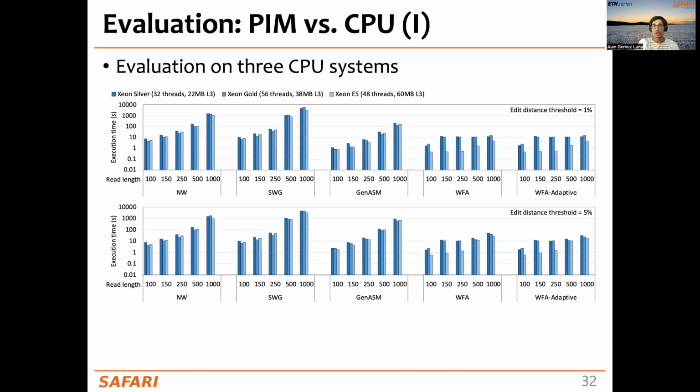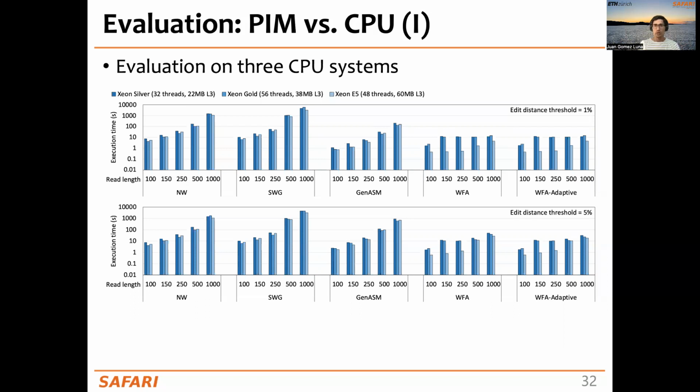And we are also using different edit distance thresholds. The edit distance is basically the error between two different sequences, how dissimilar the 2 sequences that we are aligning are. Different applications require different amounts of dissimilarity, and that's what the threshold defines.